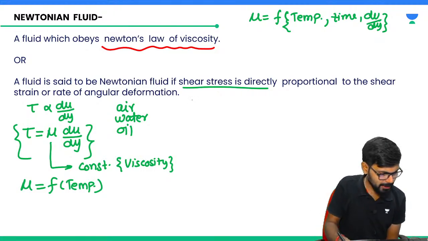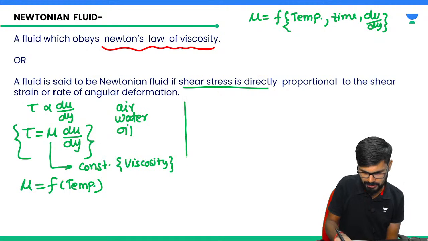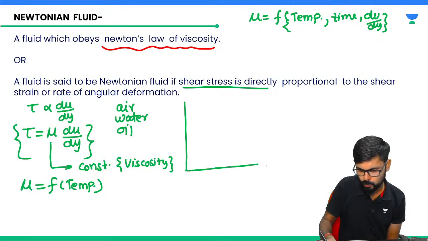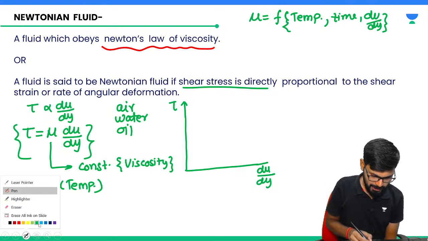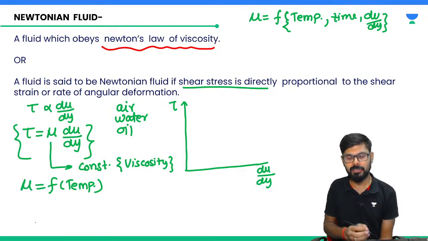If I try to represent these Newtonian fluids in a diagram, on this axis I write du by dy and on this axis I write tau.